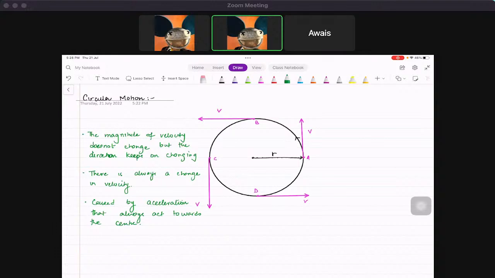That means the acceleration at A would be like this, at B it will be like this, at C it will be like this, at D it will be like this. So everywhere, whichever point you pick, the acceleration must always be towards the center to move something in a circle. Alright, Awais? Yes, sir.